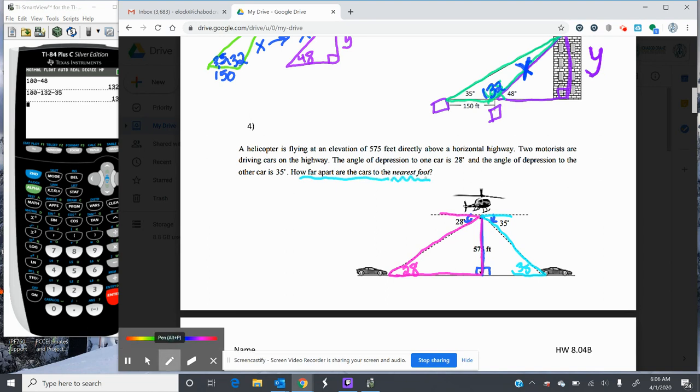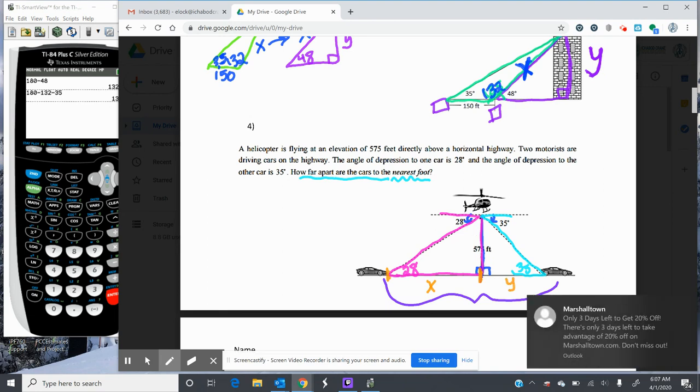So what we're trying to find is the entire distance from one car to the next. Now that's kind of split by these two right triangles. So my suggestion for this question is to find side X, which is from the car to this point directly below the helicopter, and then to find Y from this point here, to the second car.